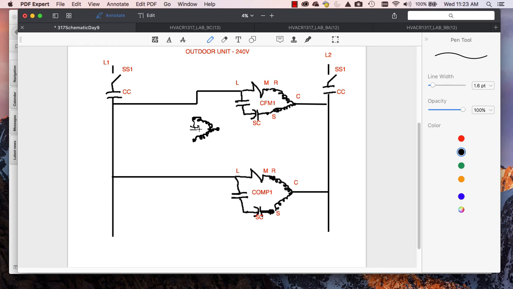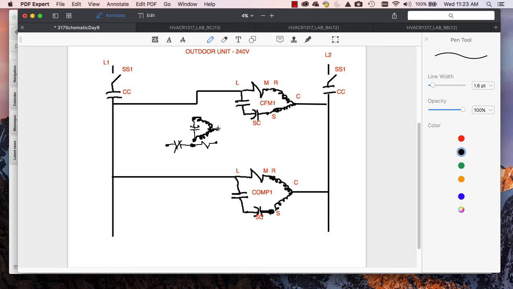Remember, it has a permanent capacitor in it. Then I have to have some sort of starting component. In this case, I'm going to use my potential relay with pins 1, 2, and 5, and that's a normally closed.